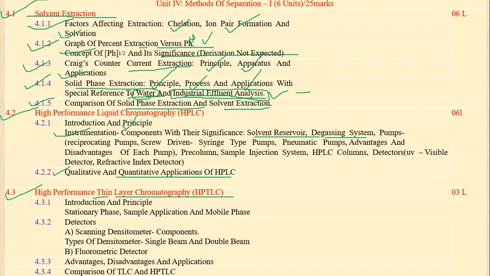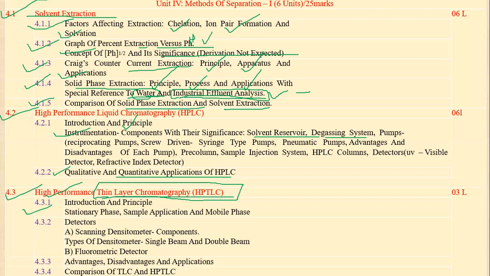We have studied thin layer chromatography in SYBSC. Only here we are using pressure, and with the help of that we are trying to separate the components. This technique has many advantages over the TLC technique, but the TLC technique itself has its own applications, and it can be used at the ground level.